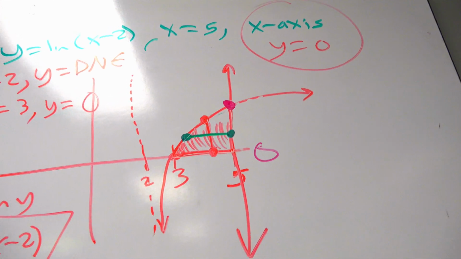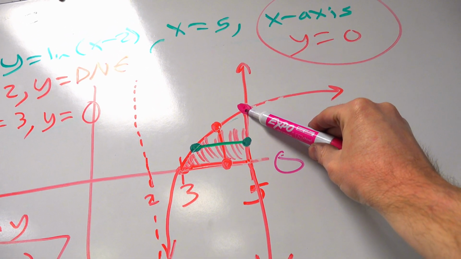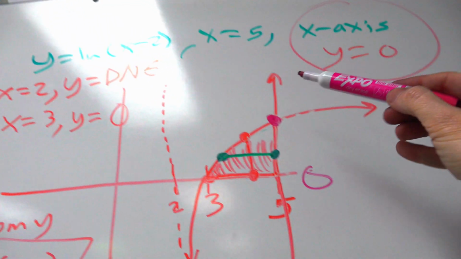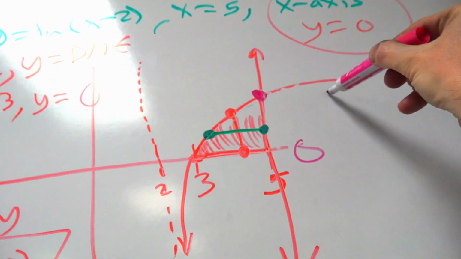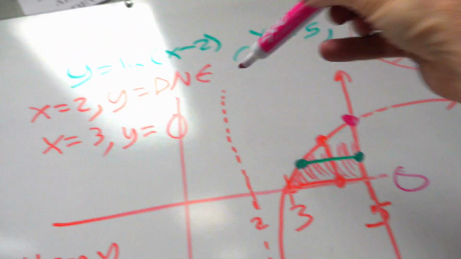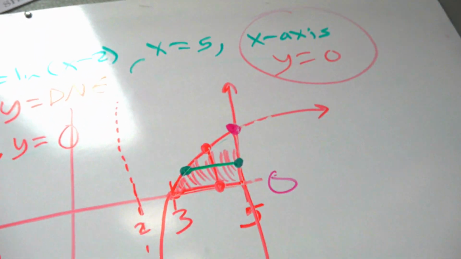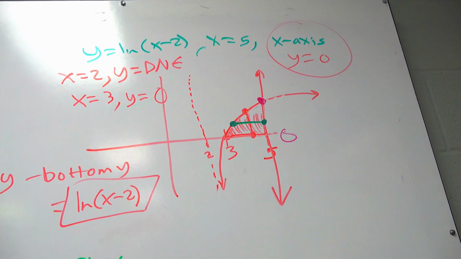Well, normally, when you find an intersection point, don't you set two things equal to each other, both equations? We did that earlier, didn't we? On the snake graph over there. So you set two things equal to each other, like, what's this, natural log? So that's the natural log. What's this? Isn't that x equals 5? Well, this is the one time you don't set two equations equal to each other to find intersection.